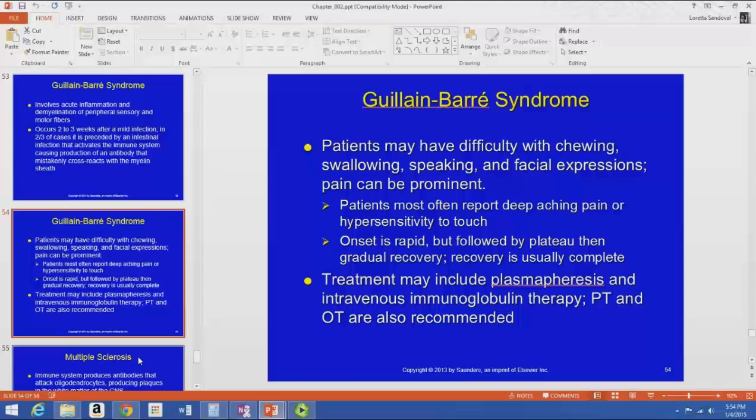Weakness in their respiratory muscles, in their diaphragm, makes it so they can't breathe. So if you get treatment right away, a lot of people have that 2 to 3 days of what seems like the flu, and then they have weakness in their legs, and then they might actually need to be on a respirator for a week or so.